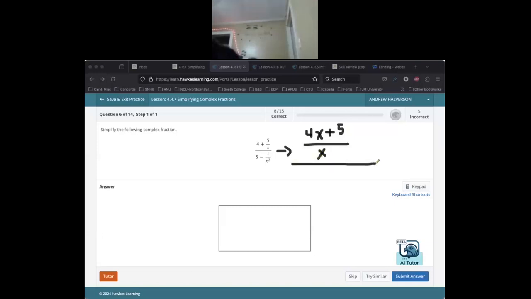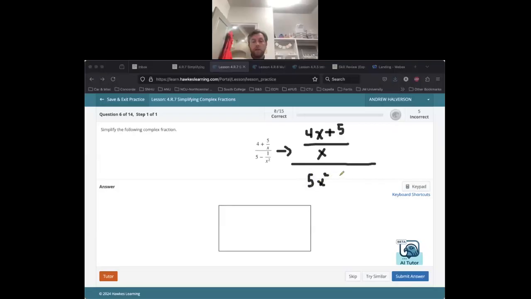All of that over, and the denominator became 5x squared minus 1, all of that over x squared. Now what do we do? We have one fraction in the numerator, one fraction in the denominator. What do we do?